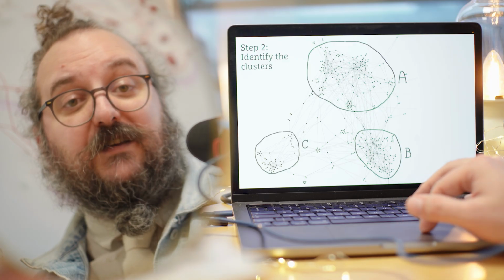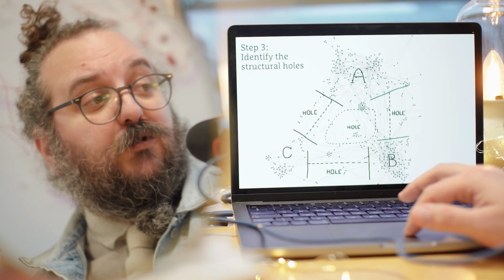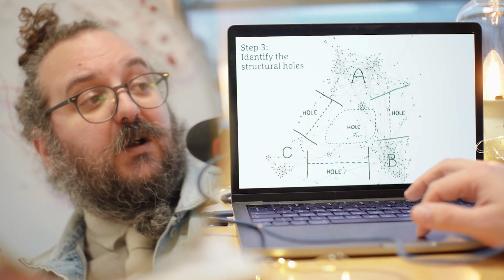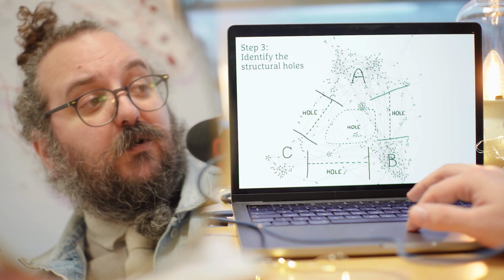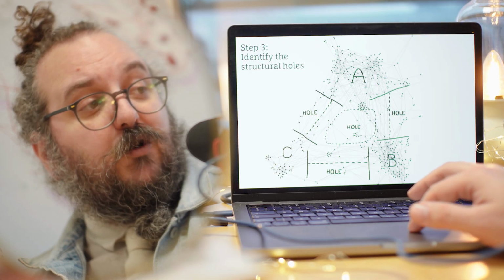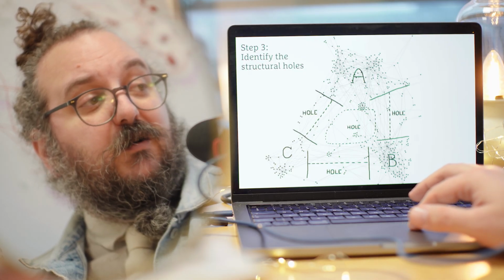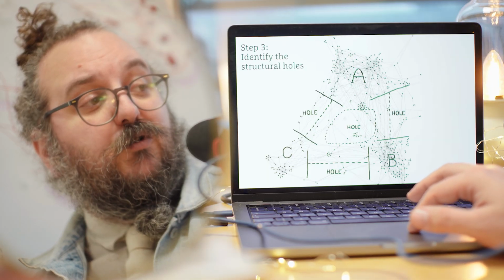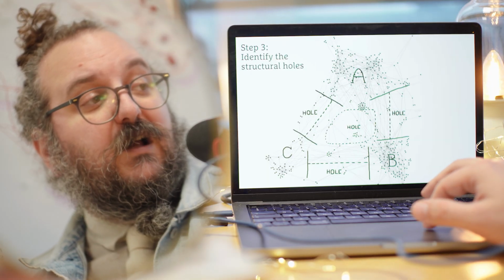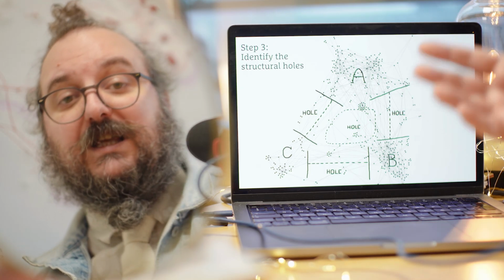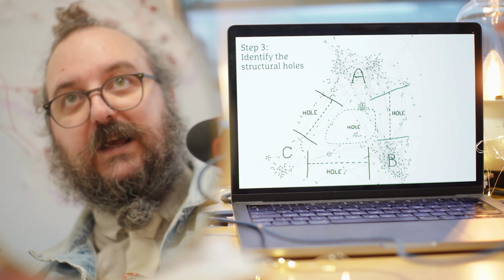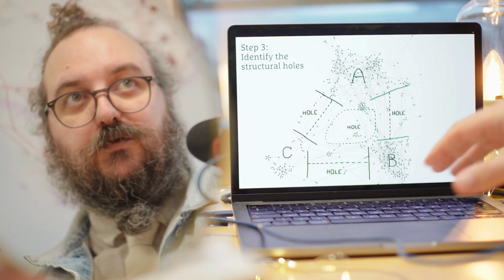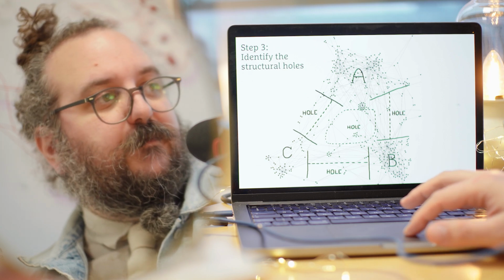So that's a question we could ask about the clusters. We also have questions about the structural holes. Why are there not many nodes that are connected to A and C, or many bridges between A and C? And why are there almost no nodes that are connected to A, B, and C? Why does it look like it should be either or? So identifying the holes is also useful to analyze the network.